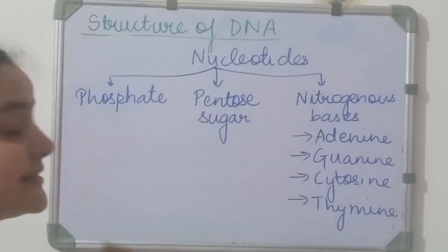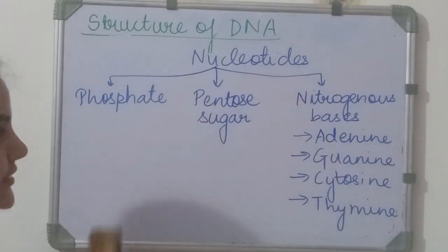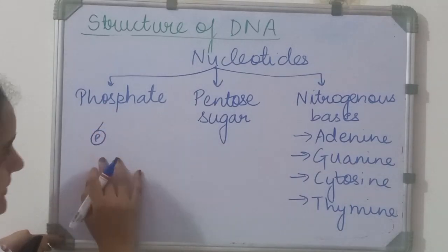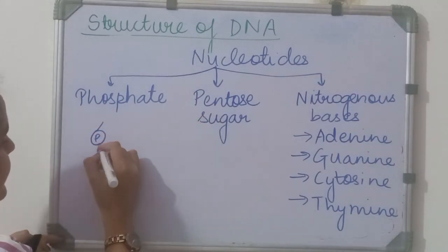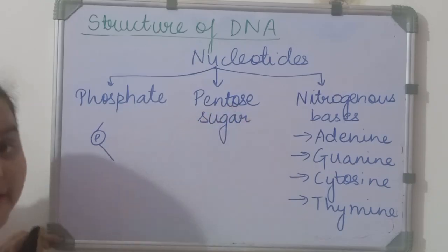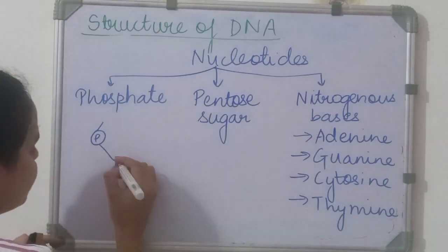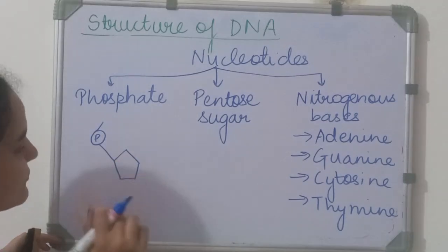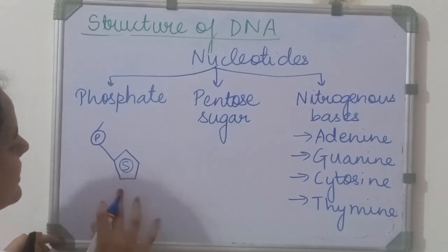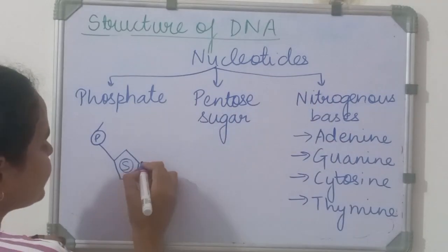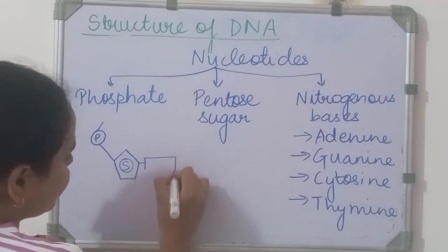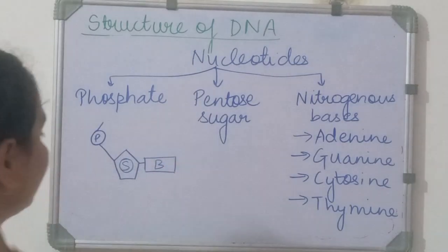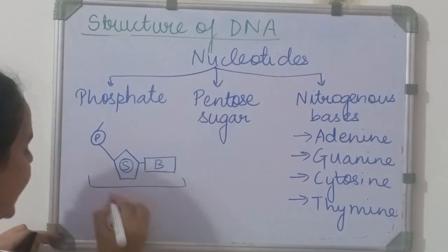Now, let's see how they are attached to each other. See, this is a phosphate. This phosphate is attached with pentose sugar, which is a 5 carbon sugar. And with this sugar, we have our nitrogenous base attached. So this is one nucleotide.